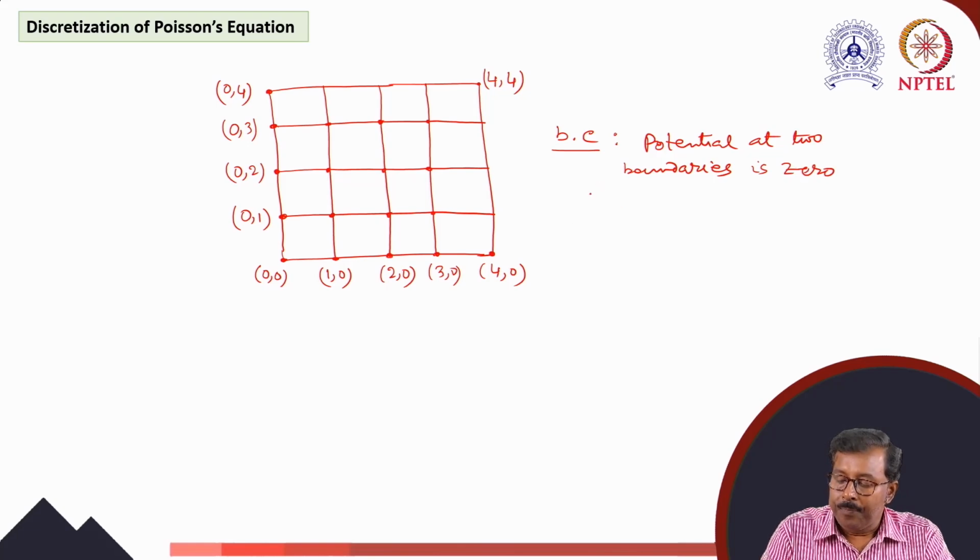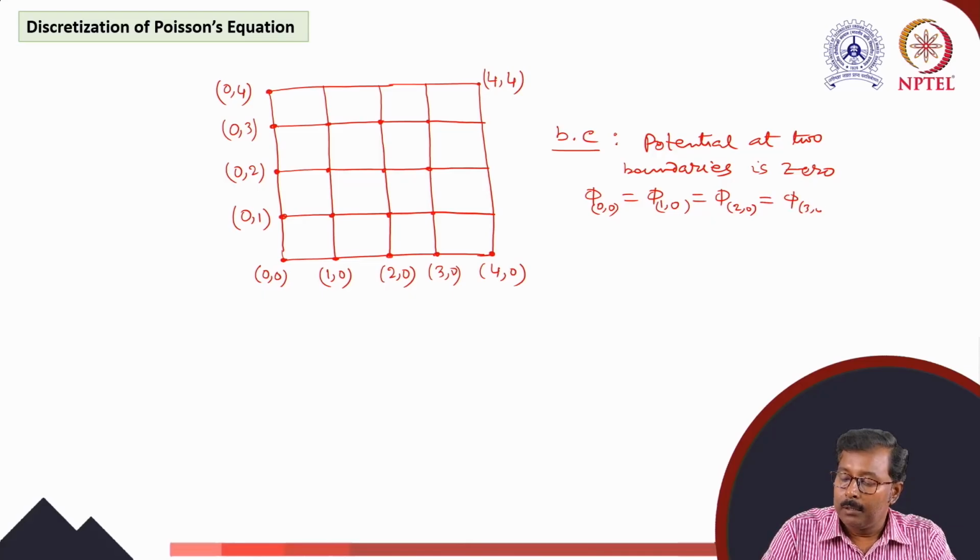So we can write phi at 0 0 is equal to phi at 1 0, that is phi at 2 0, say phi at 3 0 is equal to phi at 4 0, all are 0, and similarly phi 0 1 is equal to phi 0 2 is equal to phi 0 3 is equal to phi 0 4 is equal to 0.